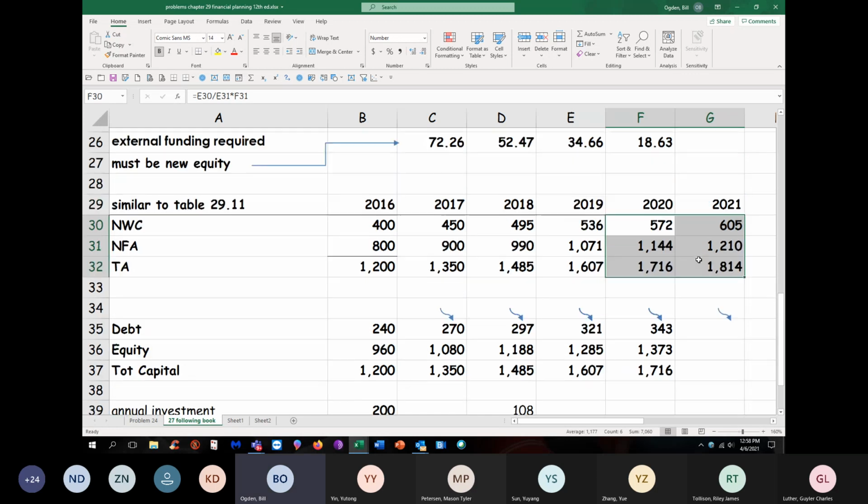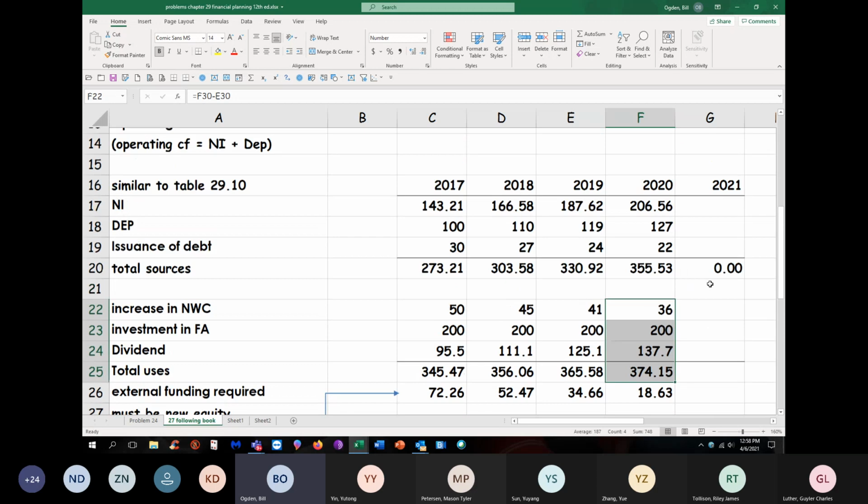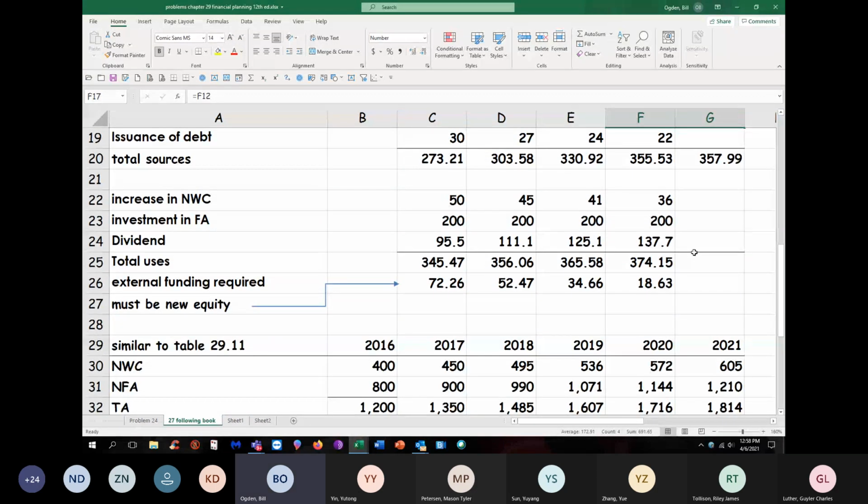Now we're able to calculate accurately our expected uses. Actually, you know what? We can do our sources first. Let's do these sources first. And then let's do our uses.